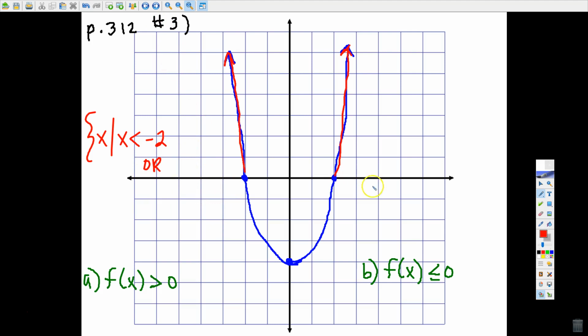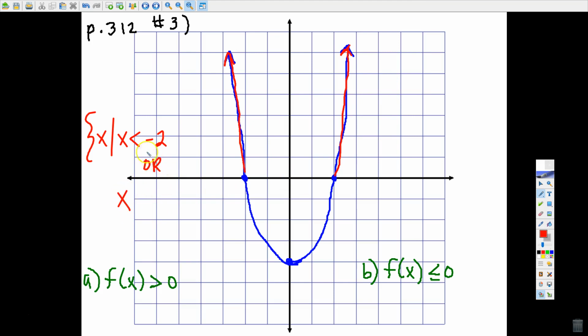But there are also these x-coordinates over here that represent x's that are greater than +2. As x gets bigger than +2, that makes the parabola continue to widen and go toward positive infinity on the y-axis.